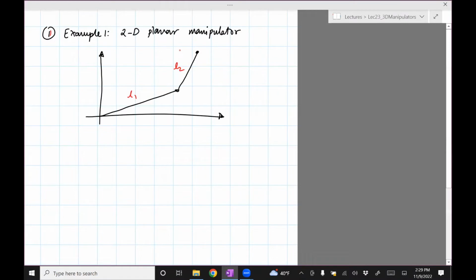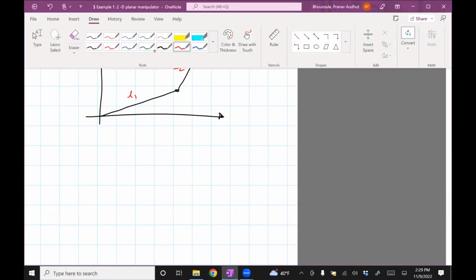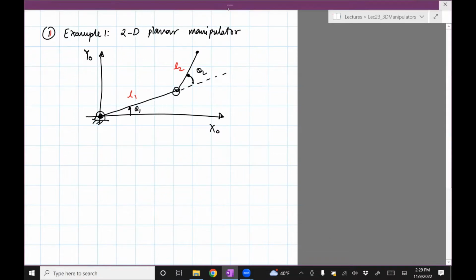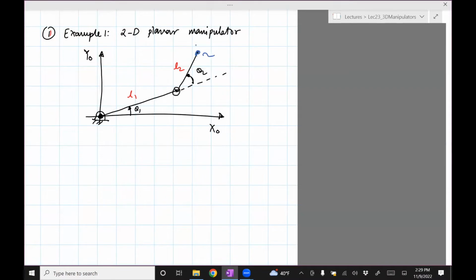L1, L2, theta 1, theta 2. Okay, those are pin joints, and this is the end effector.